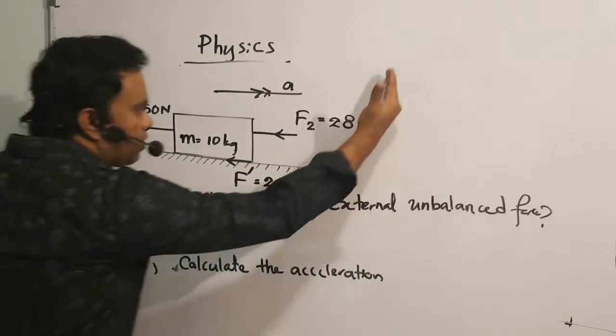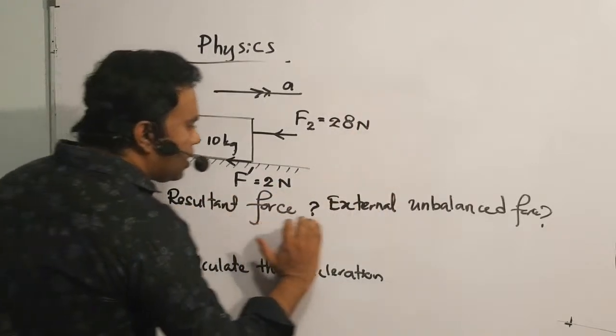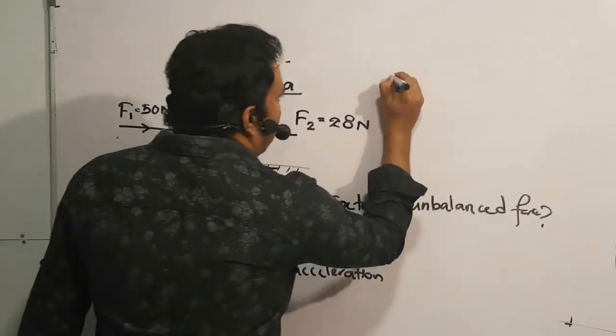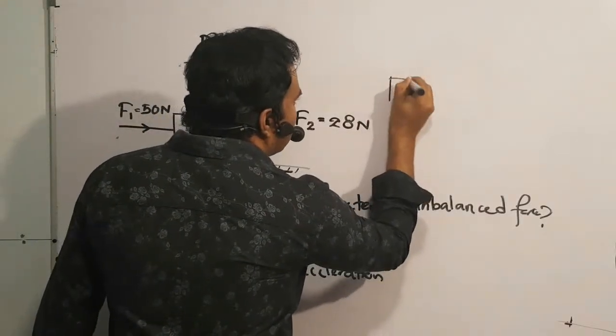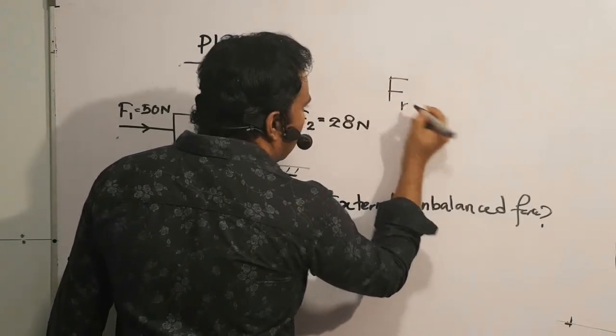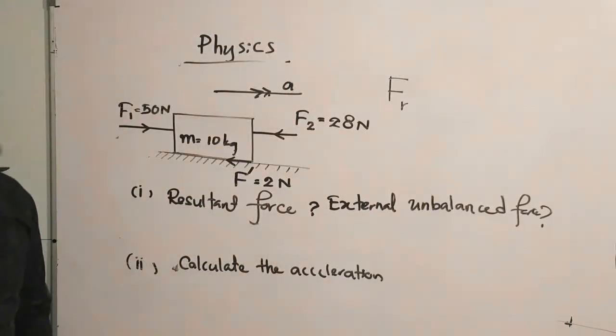Okay, I'll do this calculation here. First one, resultant force or external unbalanced force. I'll denote that as force resultant, so I put R resultant force.